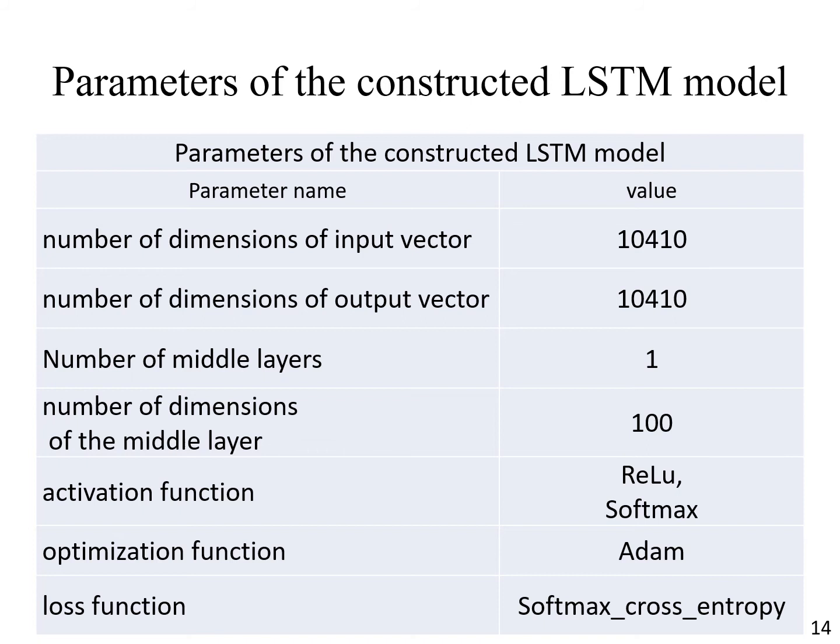These are the parameters of the constructed LSTM model. The numbers of dimensions of input and output vectors are about 10,000. The number of the middle layers is 1. The number of dimensions of the layers is 100.